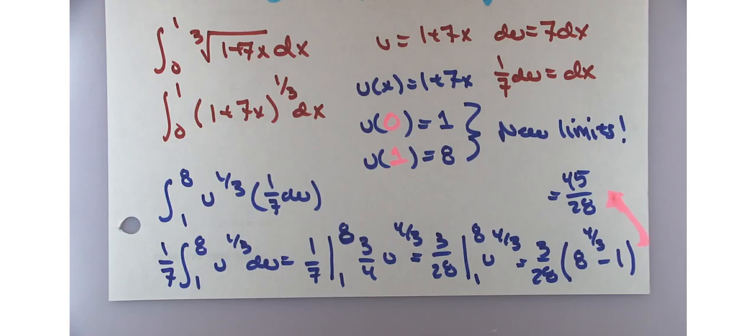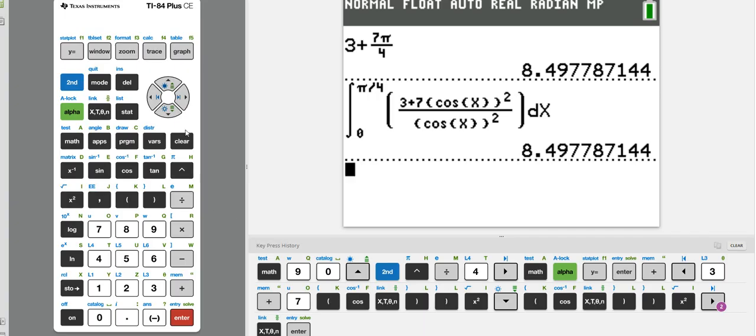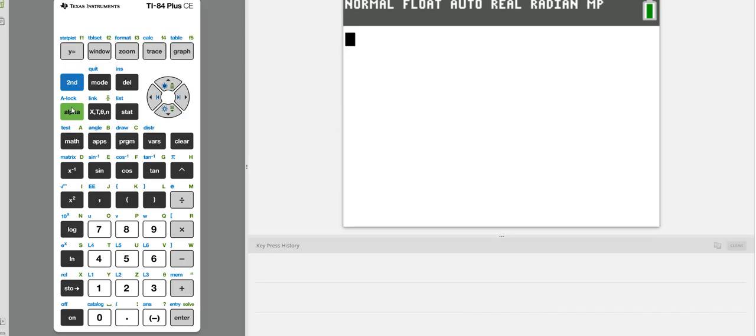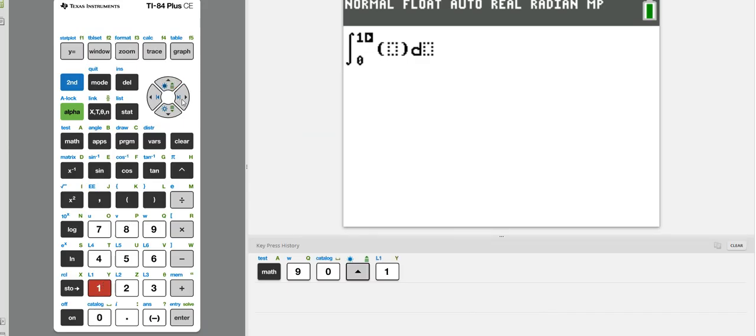All right, so let me clear this stuff out. And math 9. Let's see, 0 to 1 of... Now you're going to need to be a little bit careful here. You can type in cube root directly if you go to the math menu.